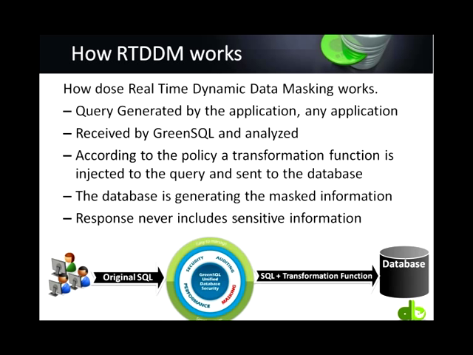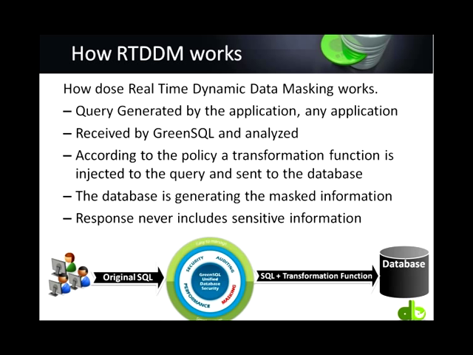So when GreenSQL has received the original query, it changes the query and injects a transformation function. A query including a transformation function will be sent to the database. And when the database receives the query with the transformation function, the database will then send the already masked information back to GreenSQL. And it is really important to understand that in real-time dynamic data masking, your sensitive information never leaves the database.